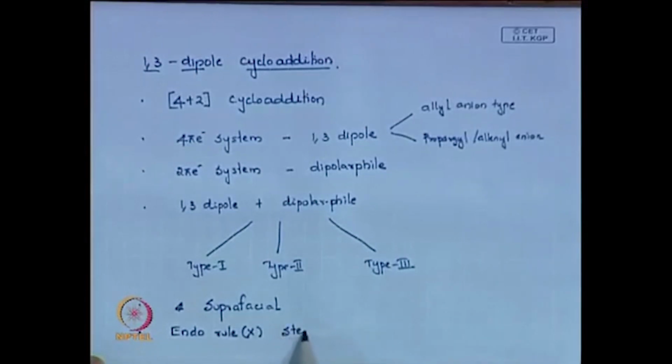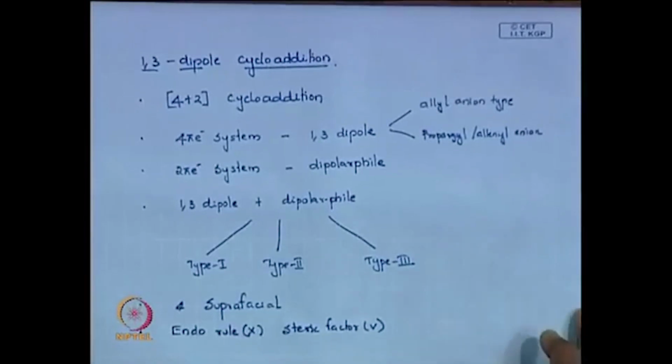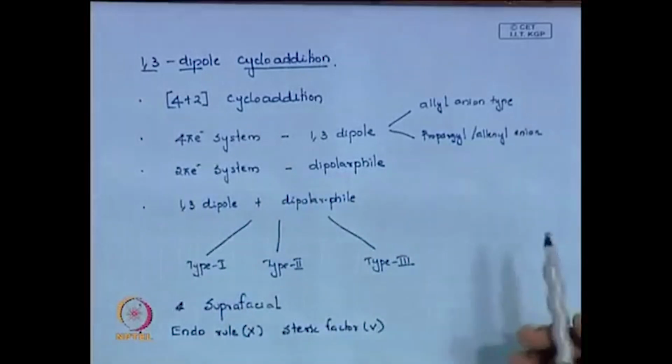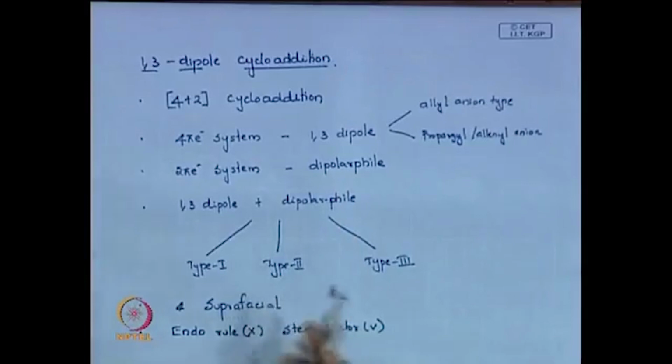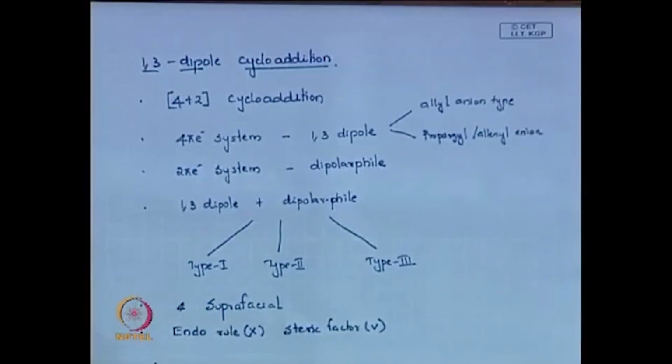The steric factor plays a vital role in the product determination. Fine. So, these are some important things you have to remember. It falls under 4+2. You have a 1,3-dipole, you have a dipolarophile, 3 types you can classify, and your addition is suprafacial. Your endo rule does not prevail, it is more with your steric factor. Clear? So, that is how you can simply summarize your 1,3-dipolar cycloaddition.